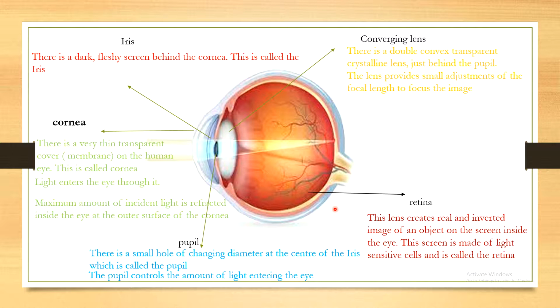Later the brain analyzes these signals and converts them in such a way that we perceive the object as it actually is.